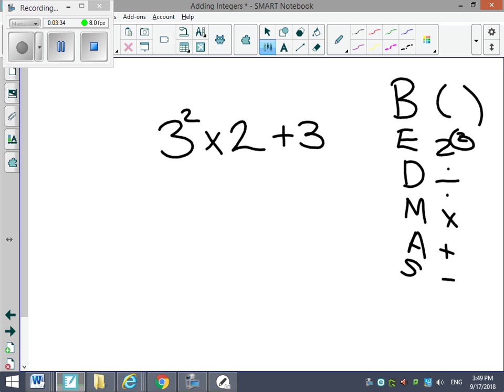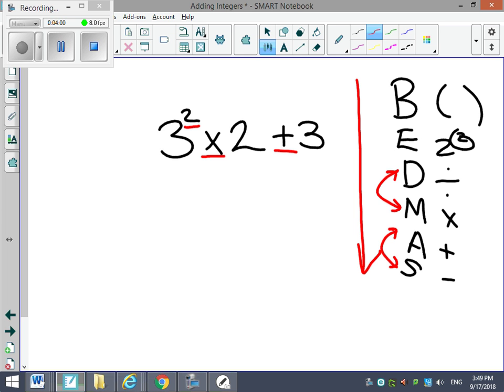And also remembering that addition and subtraction can be interchangeable, as can division and multiplication. You do them in the order they appear. Anyhow, if we're looking at this, we should see that we have 3 operations that could possibly be done. We have exponents, we have multiplication, and we have addition.